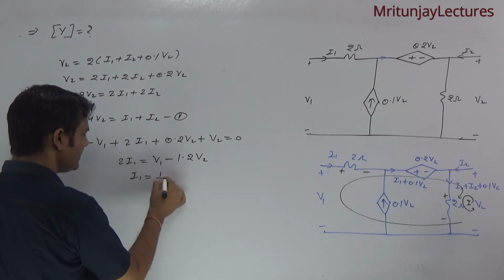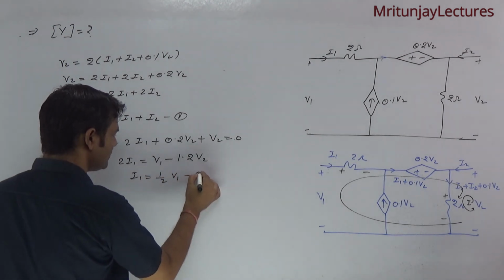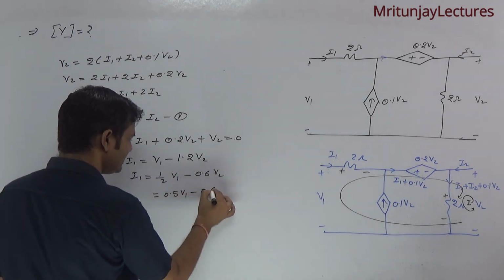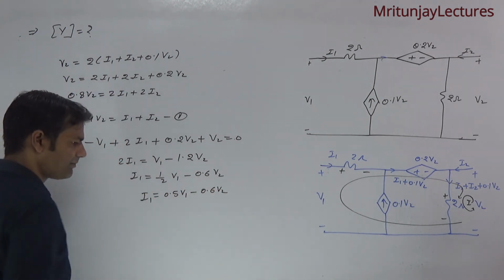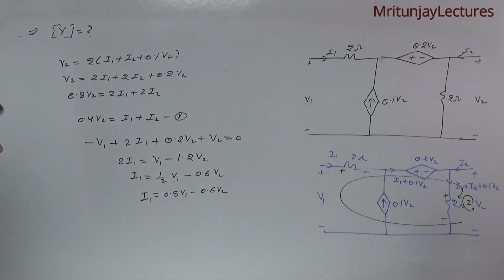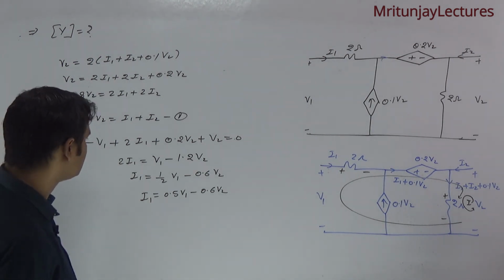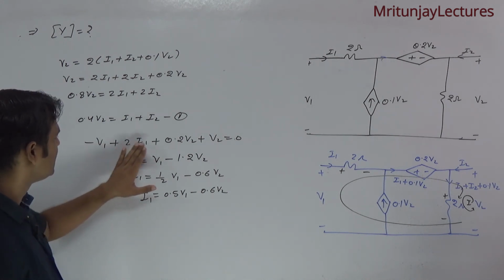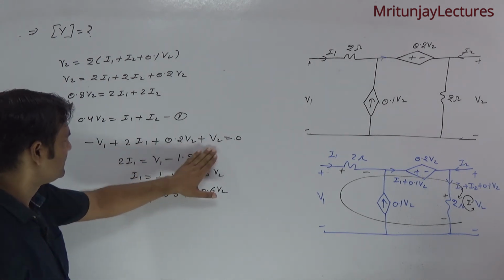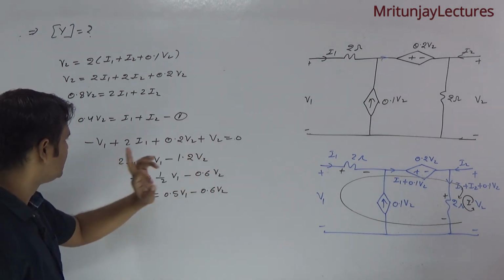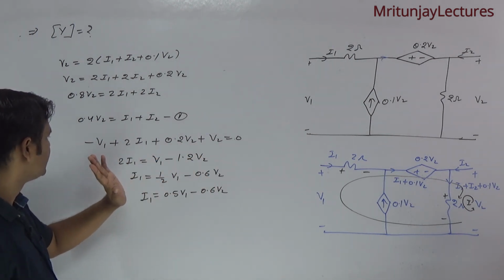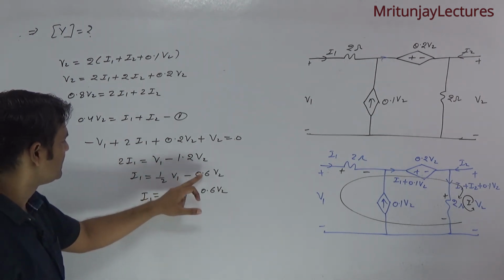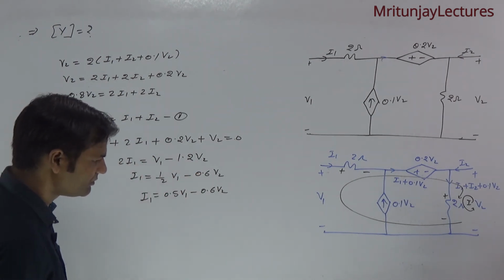So I1 is 1 by 2 V1 minus 0.6 V2, or 0.5 V1 minus 0.6 V2, that is I1. So V2 plus 0.2 V2, that is 1.2 V2, and 1 by 2, 0.5, and that is 0.6 V2.